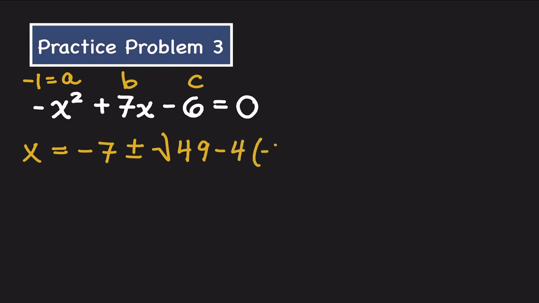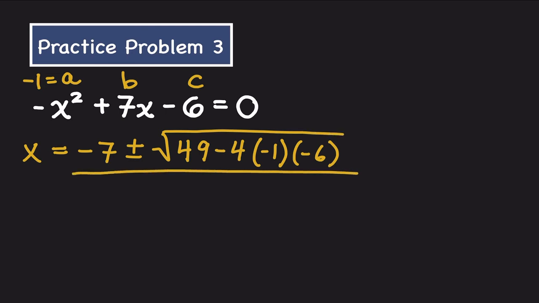Our a is a negative 1, and our c is a negative 6. And all of this is going to be over negative 2 because our a is negative 1. So we'll have a negative 2 on the bottom.